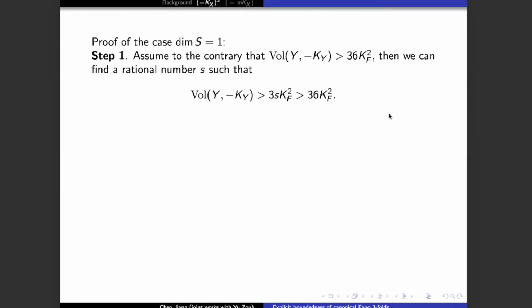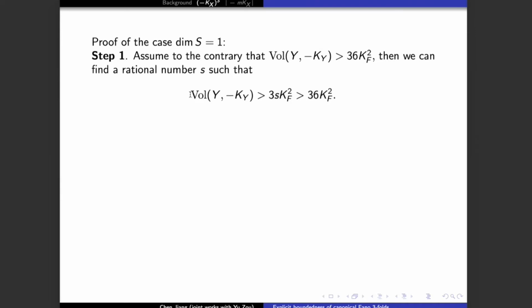So suppose that we consider the volume is bigger than 36 times the square of K_F. Then we know that there exists some rational number s such that 3s K_F square is between these two numbers.